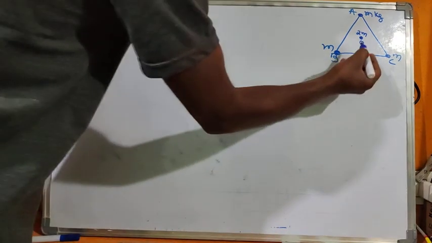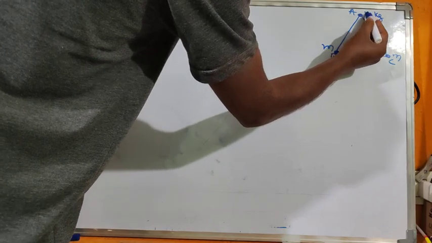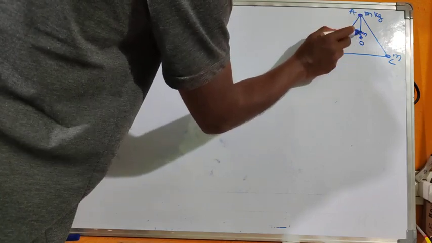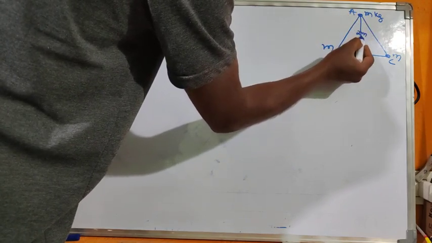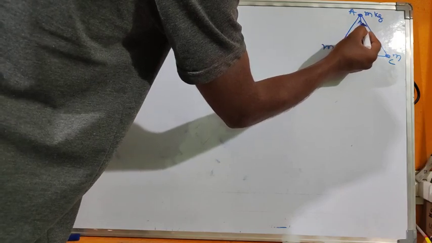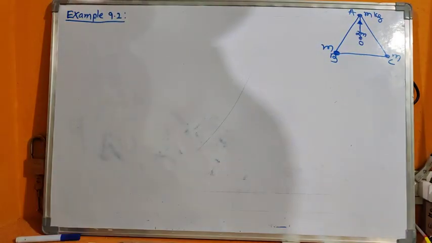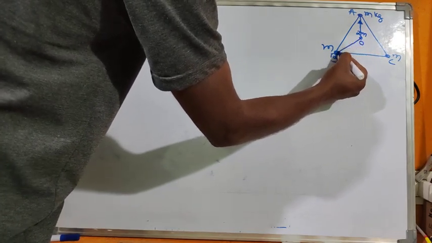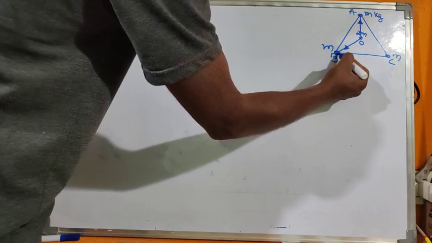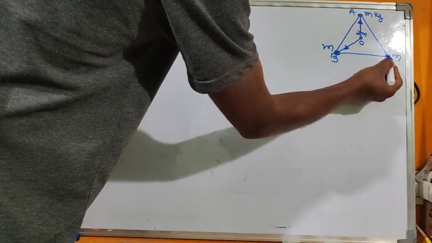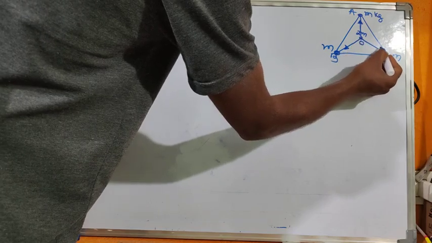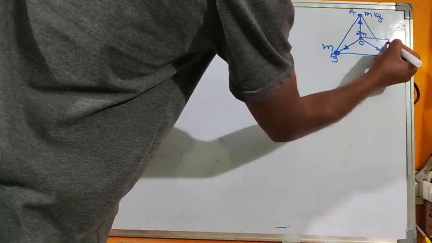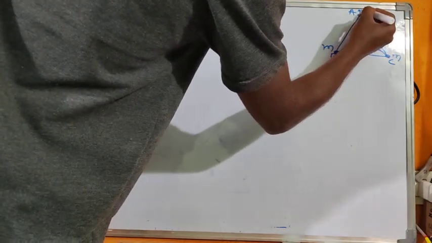So this is 2m mass and this is mass m. Between these two masses there is a gravitational force. The force on 2m by A: this 2m is attracted towards A, in that direction. Then the force by B on 2m is directed towards B. And the force by C on 2m is directed towards C. So this is our x-axis and this is our y-axis.